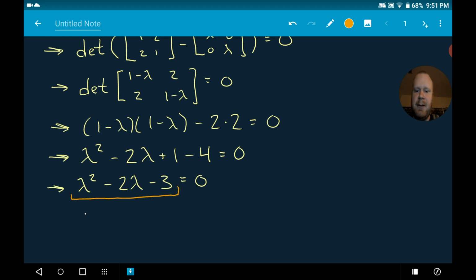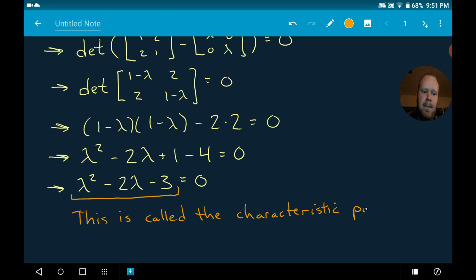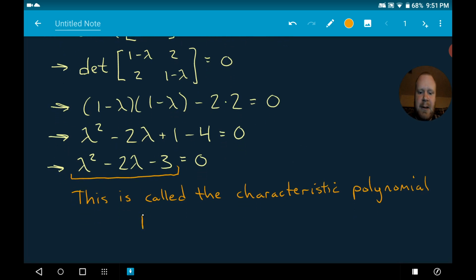This piece here is called the characteristic polynomial. And sometimes you'll see it written as a function, so little p, and then the input there is lambda, since that's the variable in there.